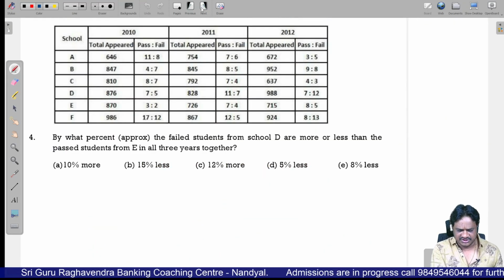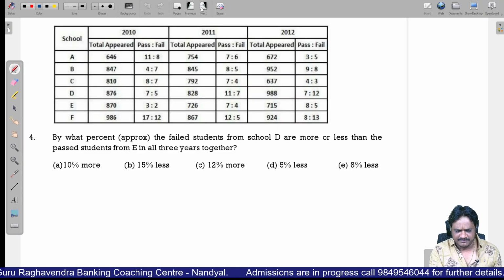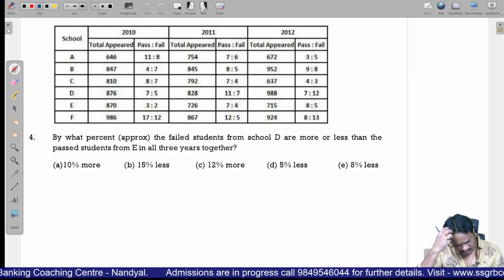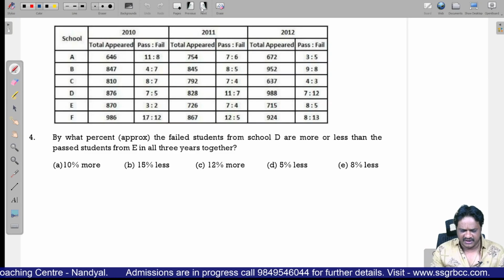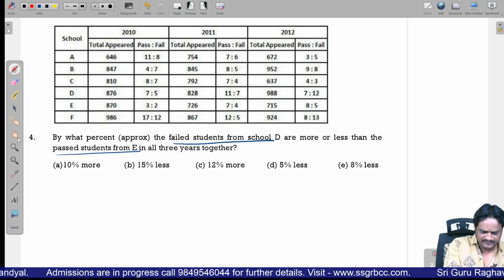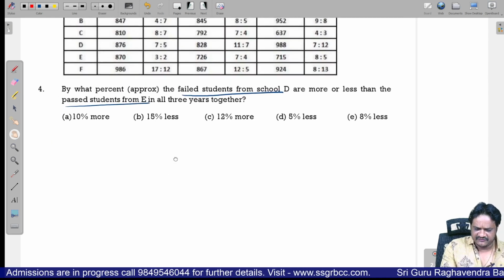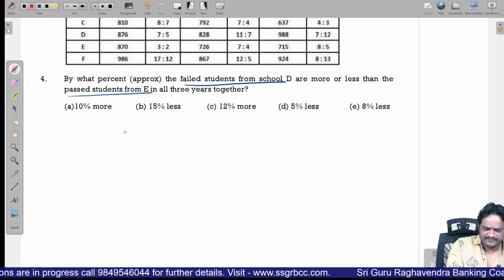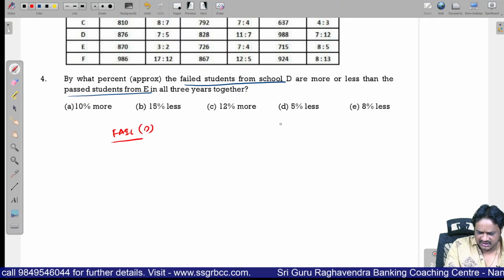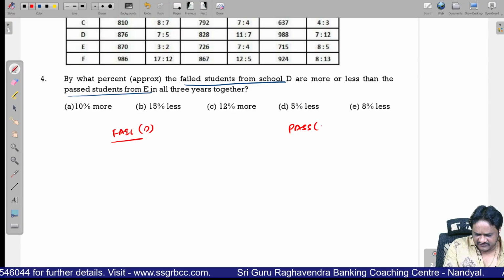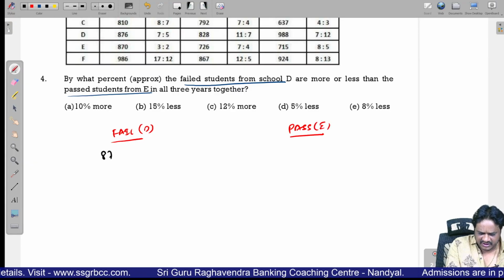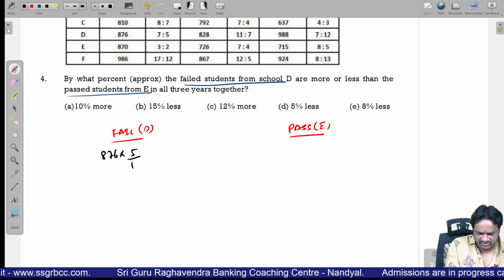See the next question. By what percent approximately are the failed students of D more or less than E pass from all the years? You have to calculate fail D and pass E. First of all, I will do D. We have to calculate fail: 876 into 5 by 12.